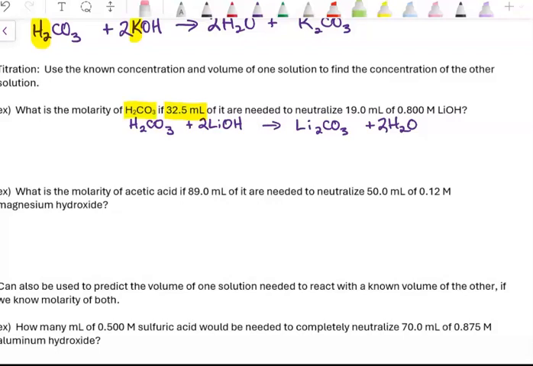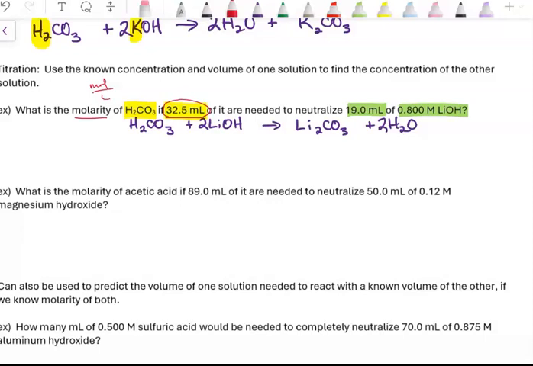And then we have both a volume and a concentration of our lithium hydroxide. So we are simply going to do some stoichiometry because molarity, of course, is moles per liter. Well, we already essentially have the liters, so all we need are the moles.